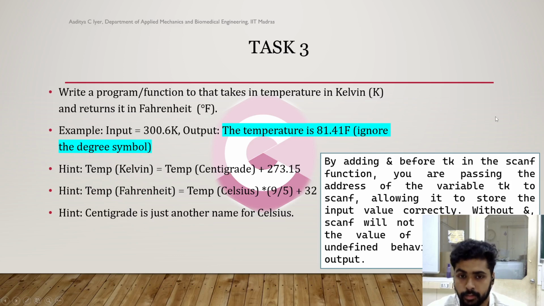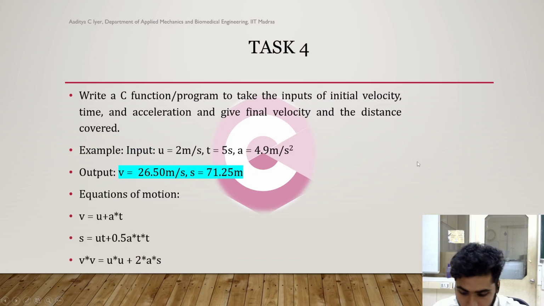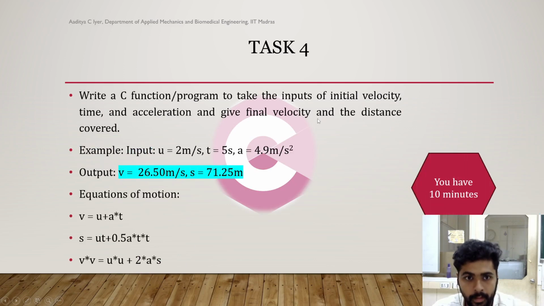I'll get spurious results. And then the last problem or task was this. I have my input as initial velocity, time and acceleration, and I need output of final velocity and how much distance I have covered. So this also we have done in the class.